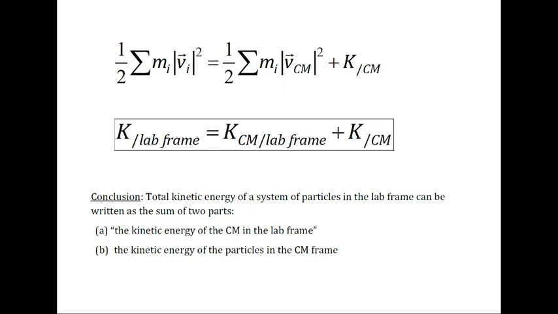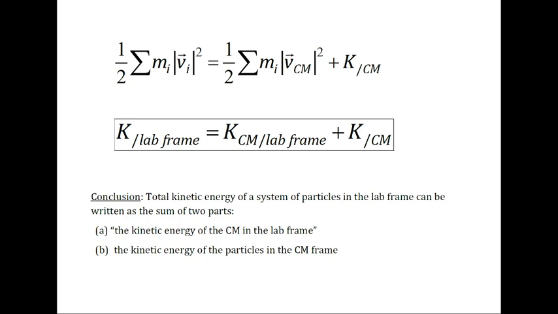It's as simple as it gets. This is the total kinetic energy, but it can be categorized into two parts. Like the system has an internal motion and it has an external motion, in a sense.